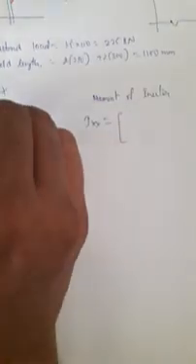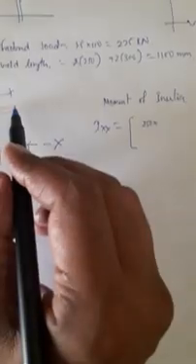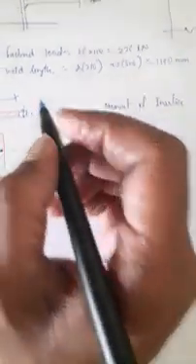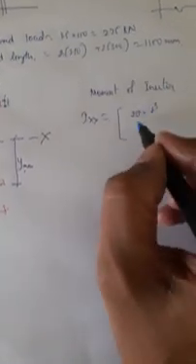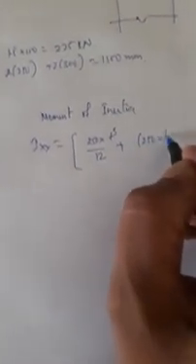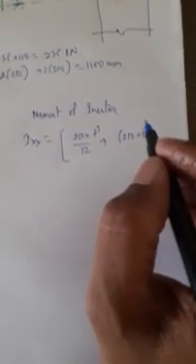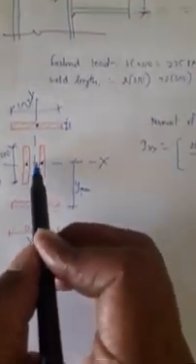B is 250 into D cube, where D is nothing but throat thickness T. BD cube by 12 plus area 250 into T into distance square, the distance of CG of this element from XX. So this dimension is 200.